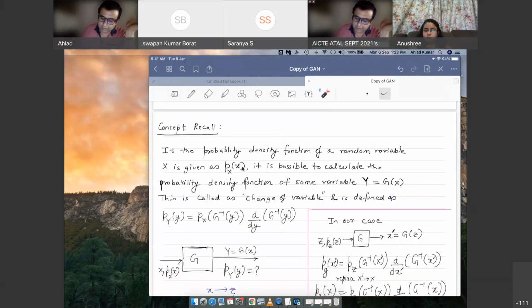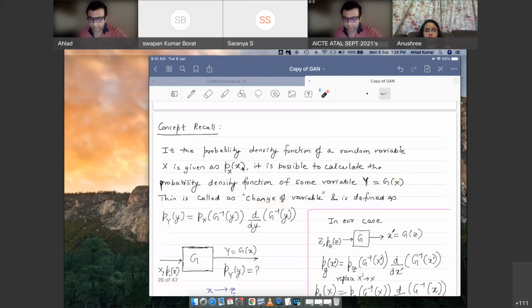If you have a random variable x which has a PDF given by this, it is possible to calculate the PDF of some variable capital Y, which is a transformation of the random variable x through this capital G. So if G is operated on X and you get a random variable Y, then using the change of variable concept in probability, you can define the probability distribution of Y as this. You can get the probability distribution of Y if you know the probability distribution of X using this expression.